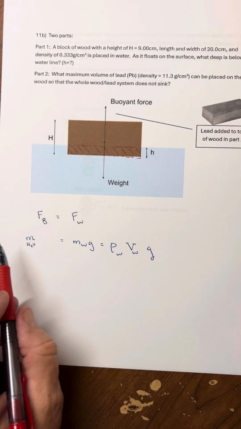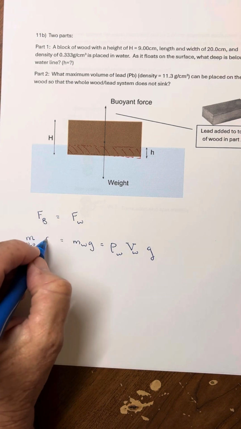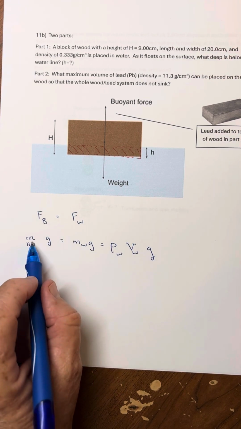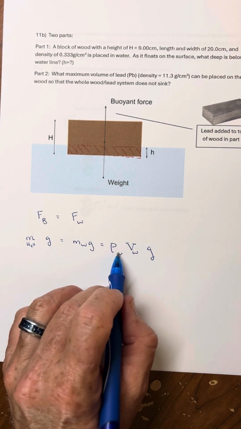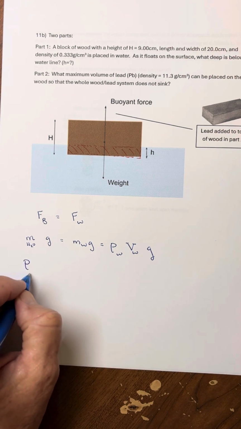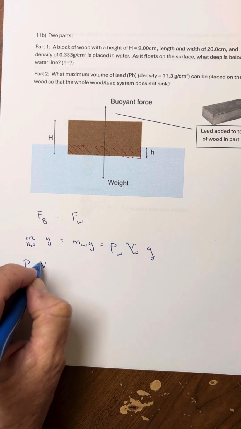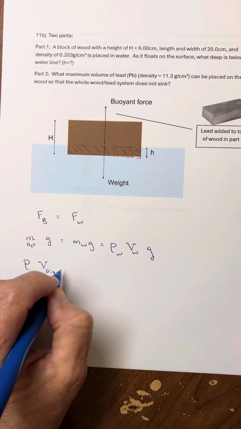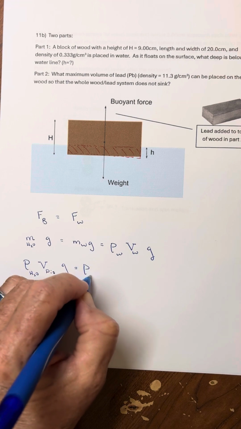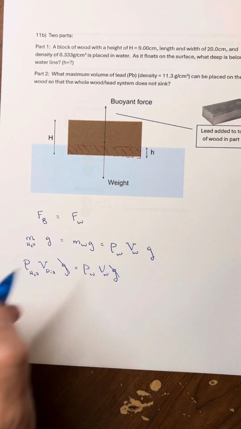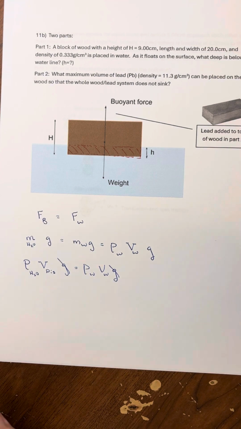And that's what I need to figure out. But I'll go ahead and write the mass of the H2O, like I wrote the mass of the wood, as the density of the H2O times the volume displaced times G. There is a G on each side, so I won't need to worry too much about that.